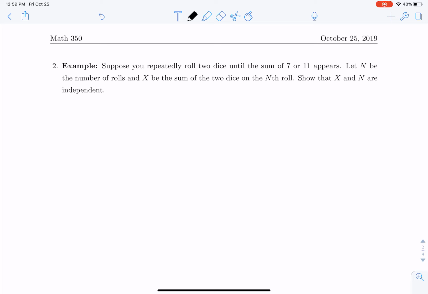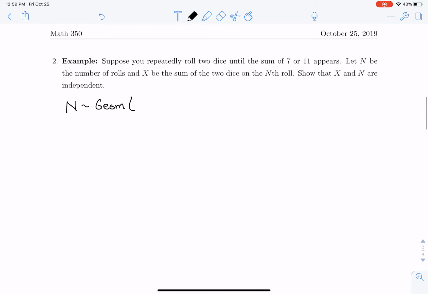Well, if we're going to roll the dice until a 7 or 11 appears, then N is a geometric random variable with parameter 8 out of 36. There are 6 outcomes where a 7 is the sum of the dice, and 2 outcomes where an 11 is the sum of the dice. So that makes a probability of 8 out of 36 for the sum to be 7 or 11.